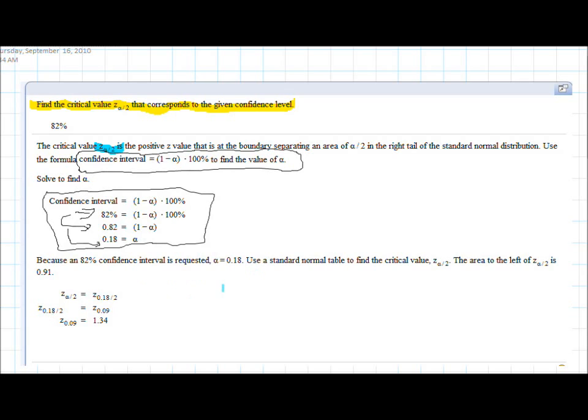So we need to substitute into here alpha over 2, which gives us 0.18 over 2. Dividing the 2 into the 0.18, we get 0.09. Okay, now we're at the point where we can look at this table here to come up with the answer.